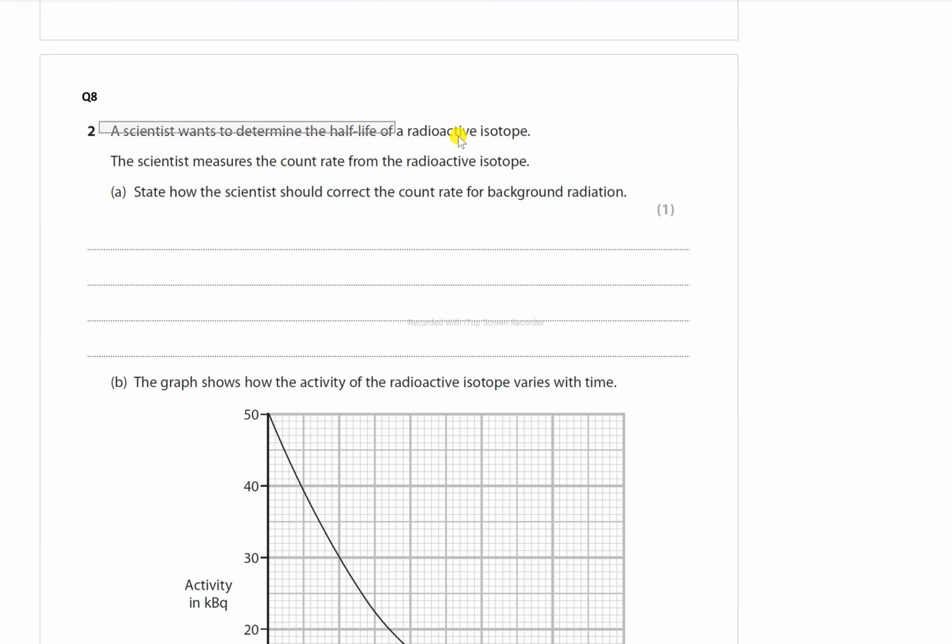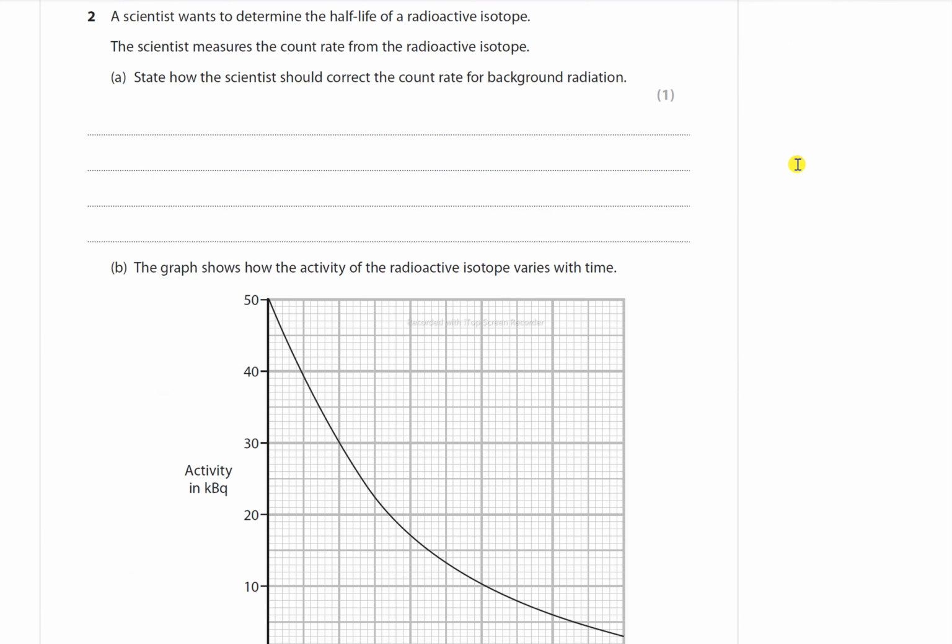A scientist wants to determine the half-life. Scientists measure the count rate and correct for the background rate. We can just subtract it. Simple.